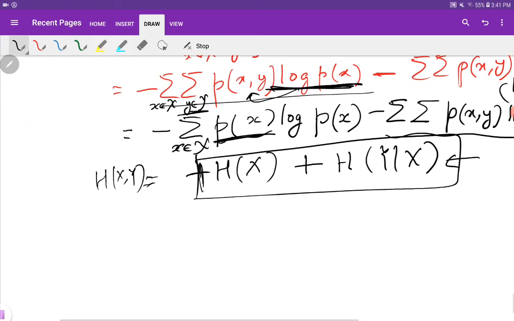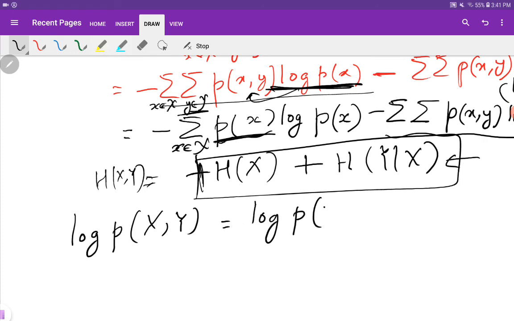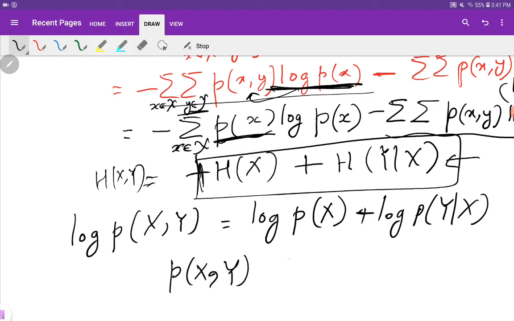We can also write log p of x comma y equal to log p of x plus log p of y given x. This is always true because we know that Bayes rule says p of x comma y is equal to p of x times p of y given x.